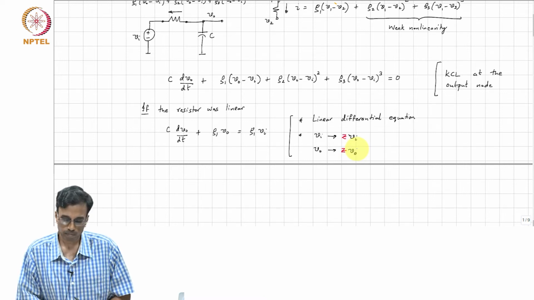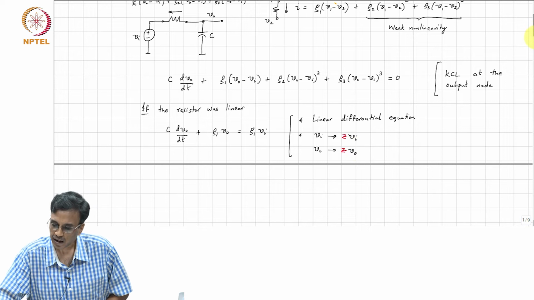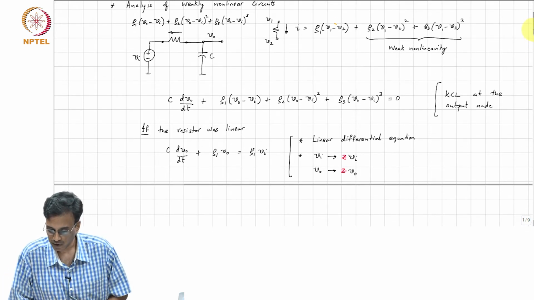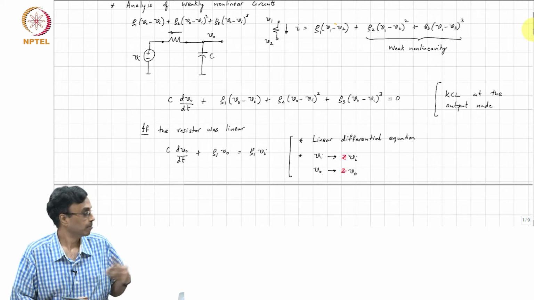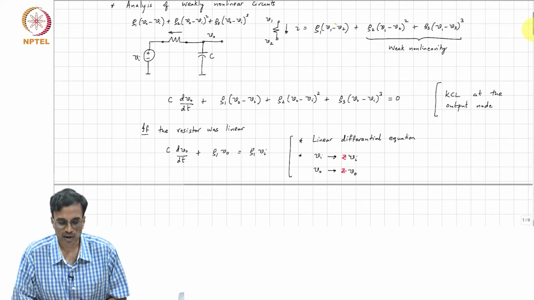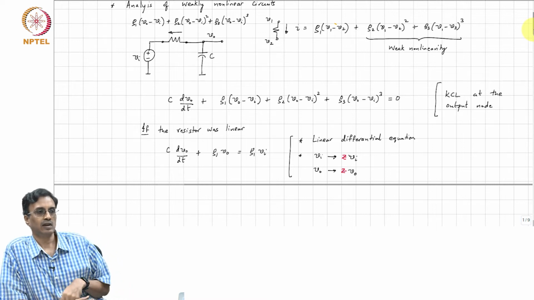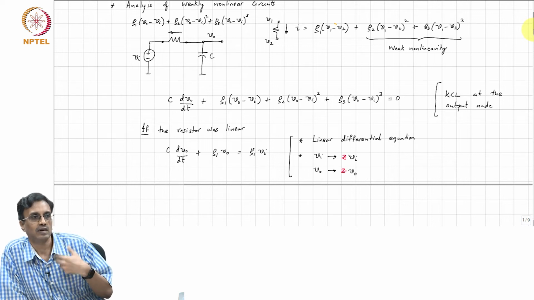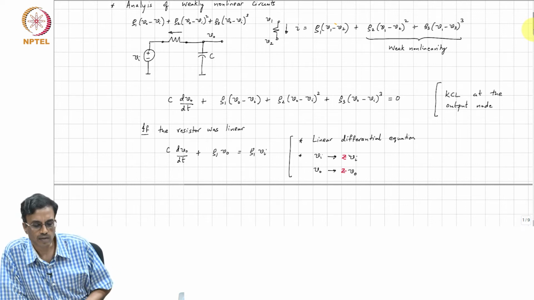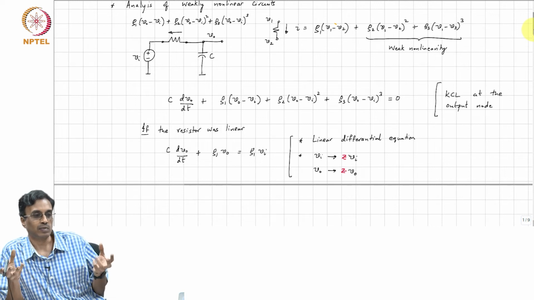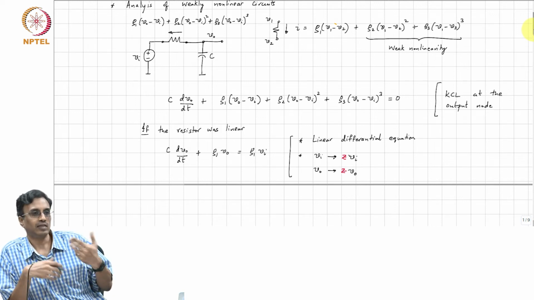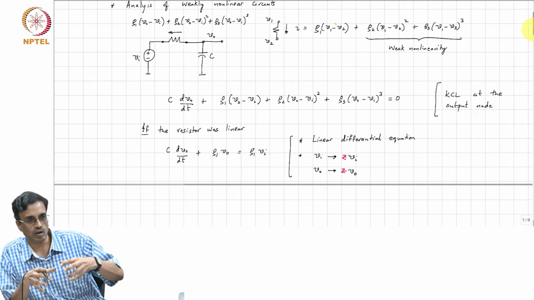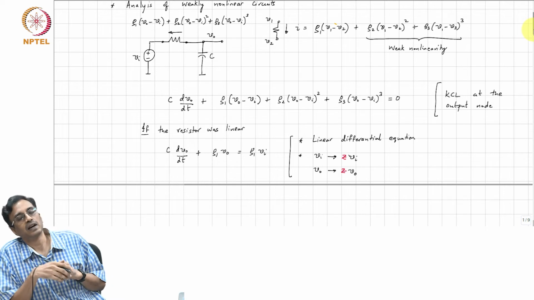Now, based on our experience yesterday, when we looked at memoryless nonlinearities, we saw that whenever you have second order nonlinearity, apart from the fundamental, you have a second harmonic term, which arises because of something multiplying with itself. When you have third order nonlinearity, you get something proportional to the signal multiplied by itself twice.